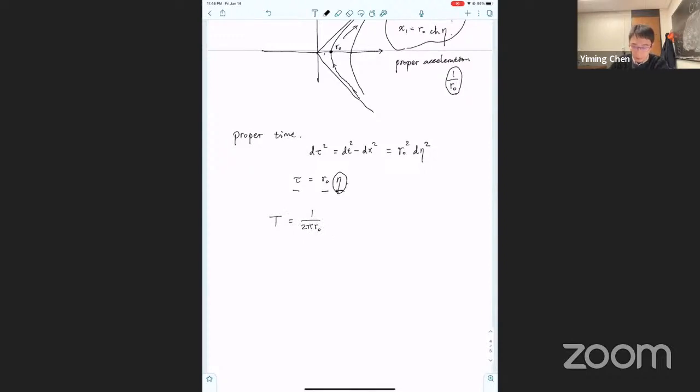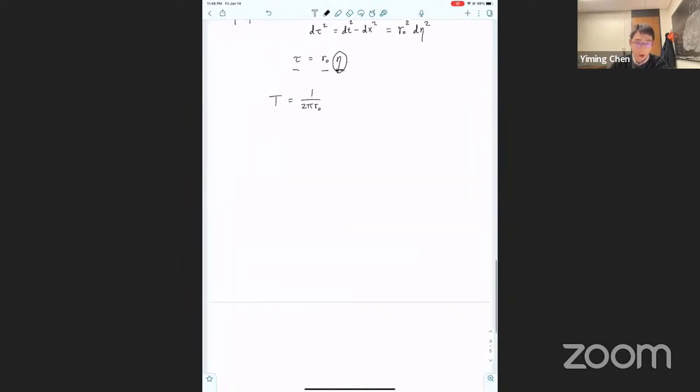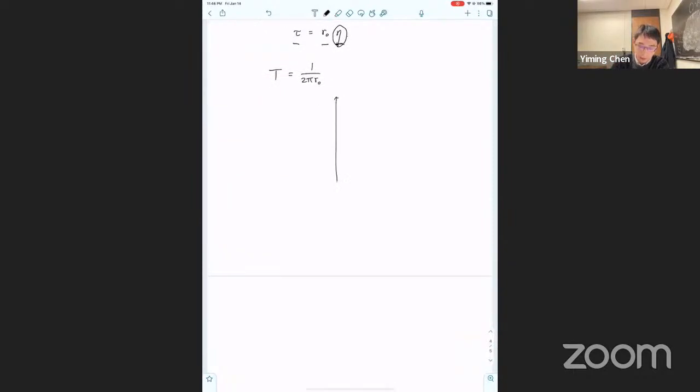Okay, but I haven't really told you how this observer really measures energy or measures the temperature. I will talk more about that in the detector part, but here let me just give you a simple example. Let's say that we have a massless scalar field propagating on the space-time, and let's say that this observer is measuring some 2-point function of this scalar field.